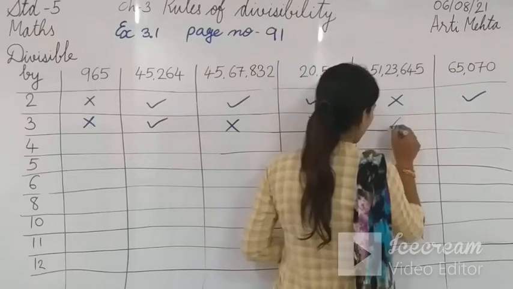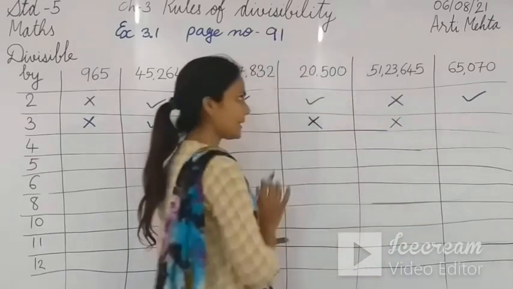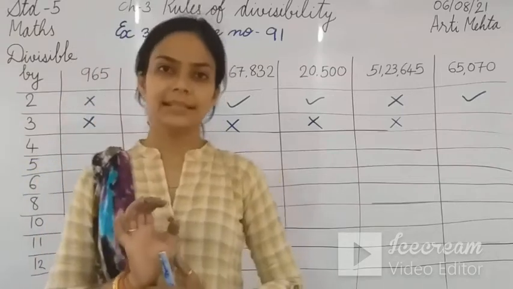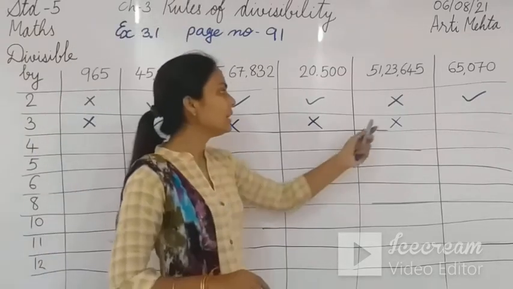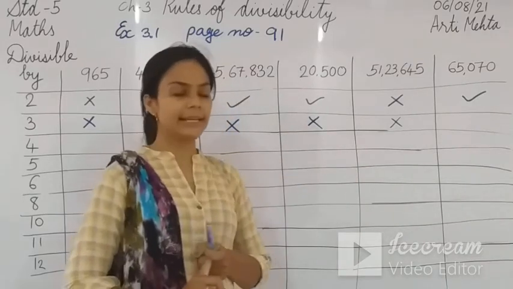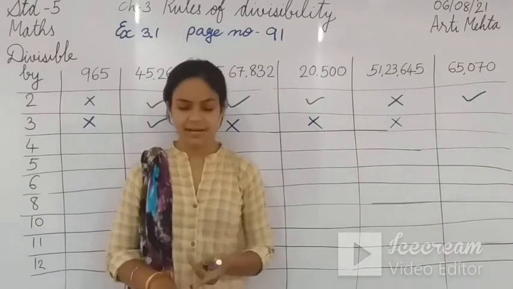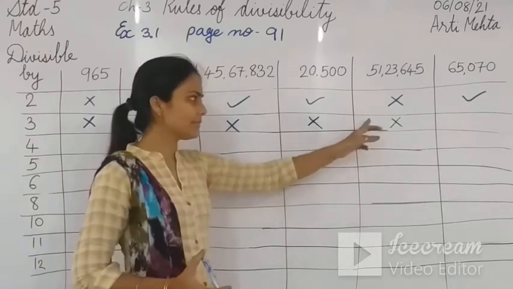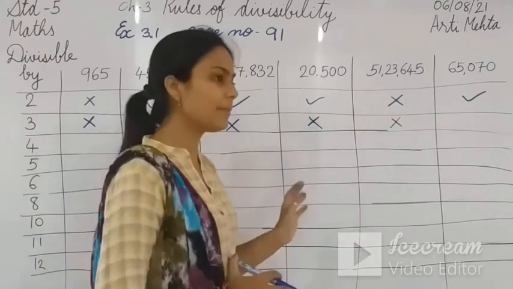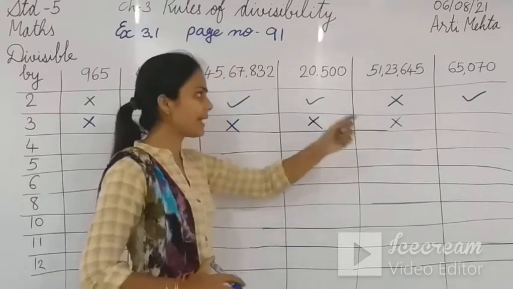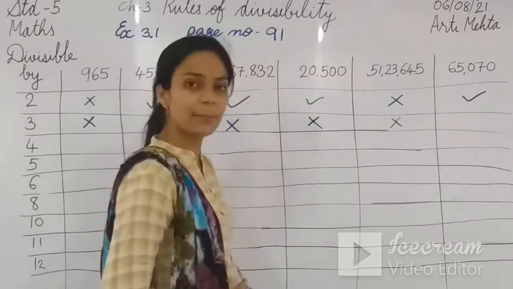So this number 51,23,645 is not divisible by 3. Understood how we count it? 26 is the sum of the digit. 26 3 के टेबल में आता है, नहीं 27 आता है and 24 आता है. ओके, तो दिस नंबर इज नॉट डिविजिबल बाय 3. अगर हम डिवीजन करें तो भी रिमाइंडर क्या बचती है? 2 बचती है. दैट्स व्हाई दिस नंबर इज नॉट डिविजिबल बाय 3.